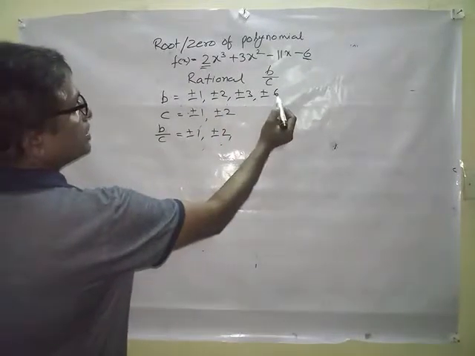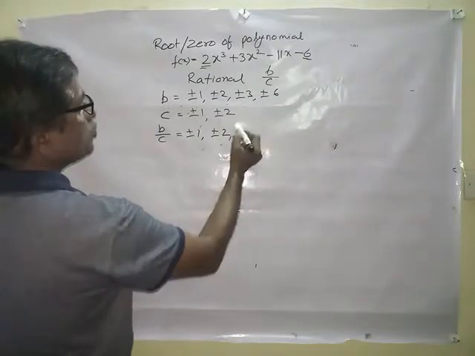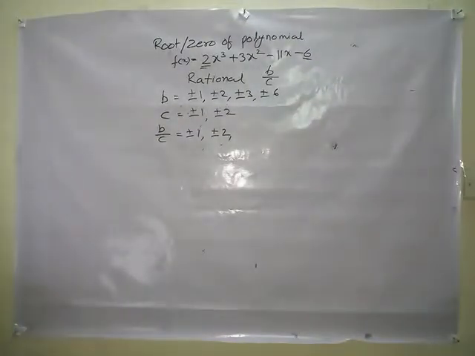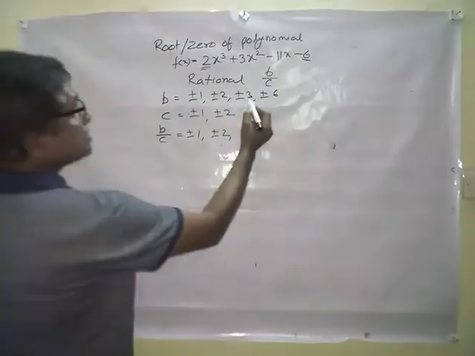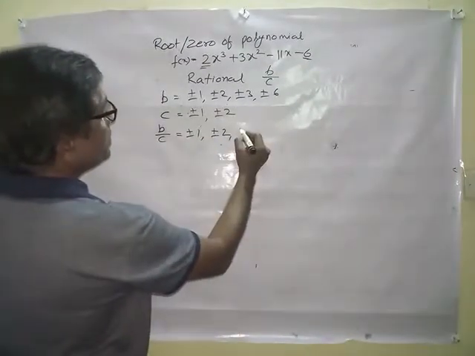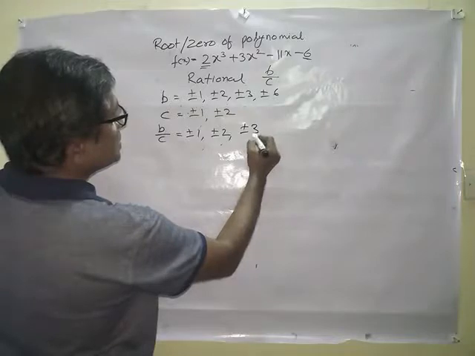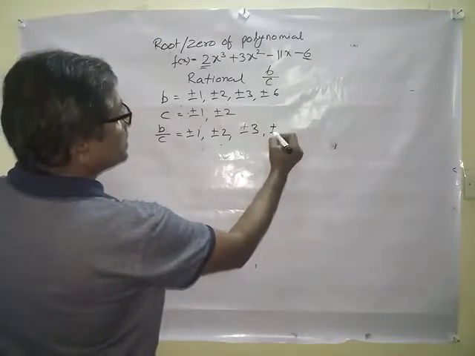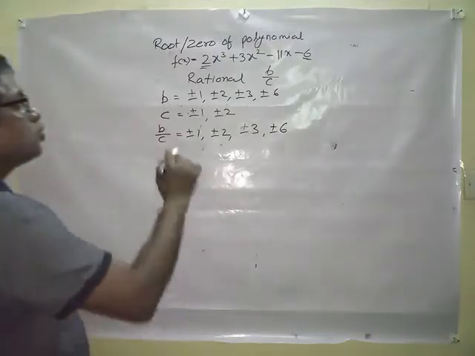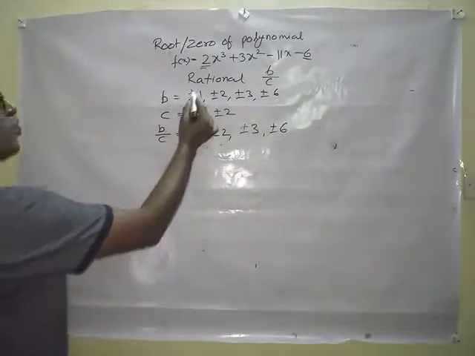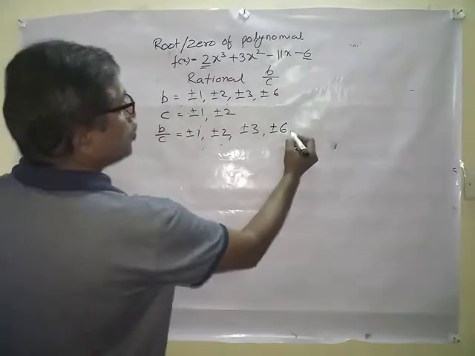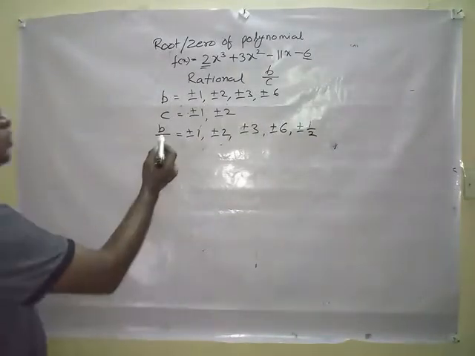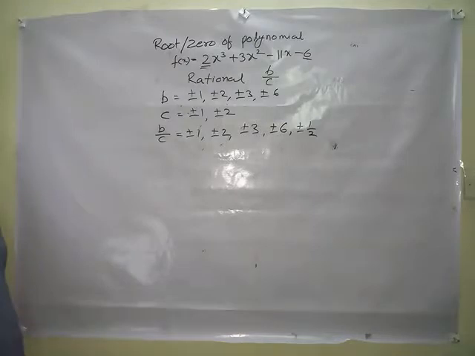Now 3 divided by 1 will be plus minus 3, and 6 divided by 1 will be plus minus 6. Now you go to the other one. 1 divided by 2 will be plus minus 1 upon 2. That is how you arrive at it.